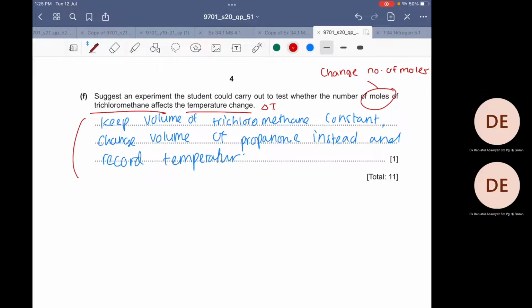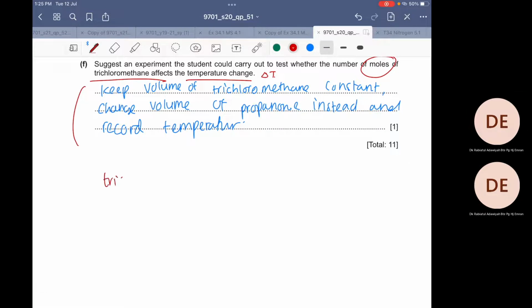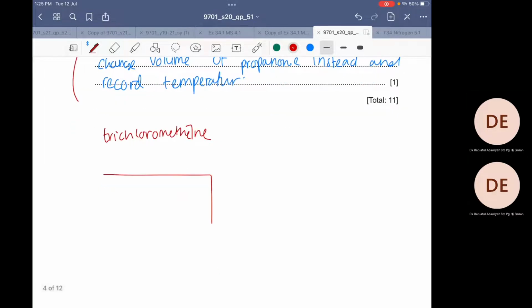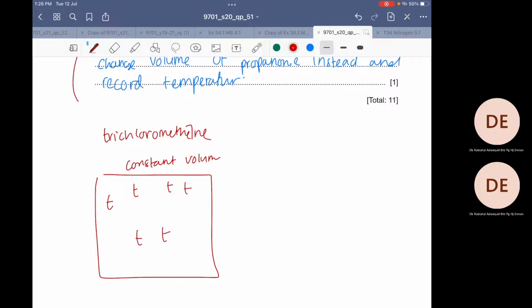Now, the way I understand it is that they want to keep the volume of the trichloromethane the same, constant volume. Imagine I'm not changing anything here, and say I have 10 molecules, 2, 4, 6, 8, 10. 10 molecules of trichloromethane. The other one is your propanone.